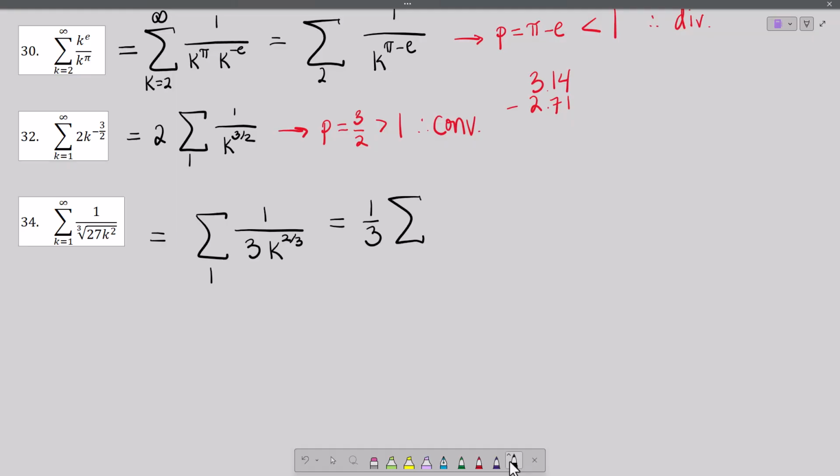So we're just going to factor out that constant. Factoring out a constant does not change convergence or divergence. Now we've written it as a constant times the p-series. We know that the constant is meaningless in terms of convergence. Now we have to identify p, and p is 2/3, which is less than 1, therefore we have divergence.